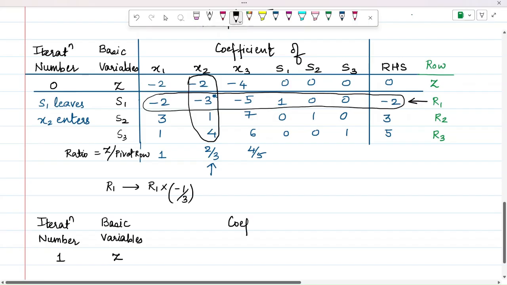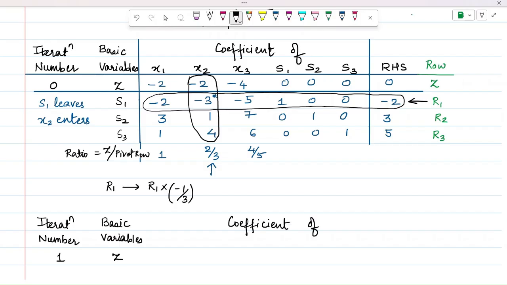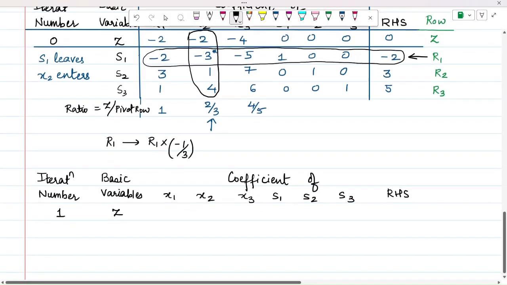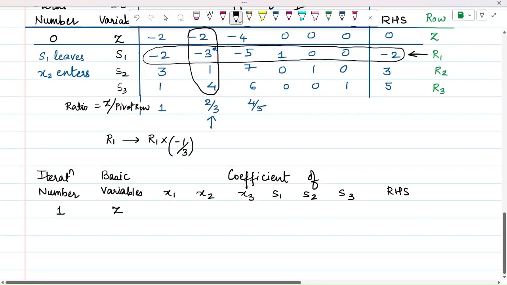We'll again have coefficients of, starting again with x1, x2, x3, s1, s2, s3, and we'll still have the RHS column here. Okay. Then we will also have s1 leaving, so that will be replaced by x2, s2, and s3.